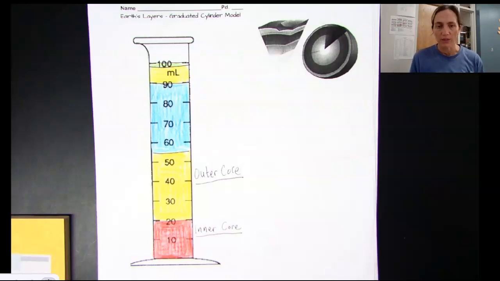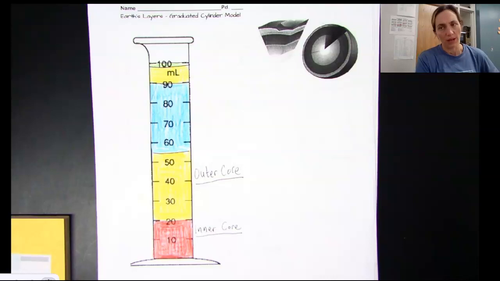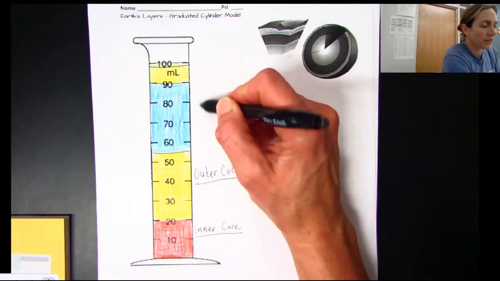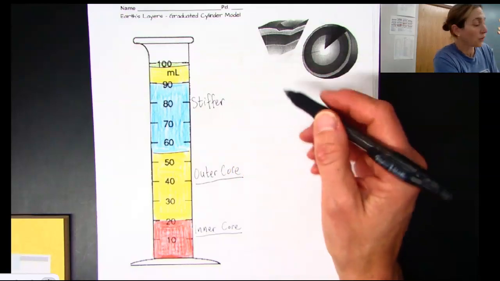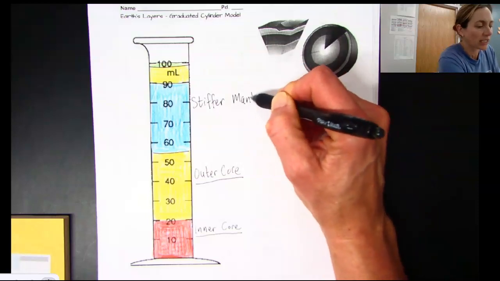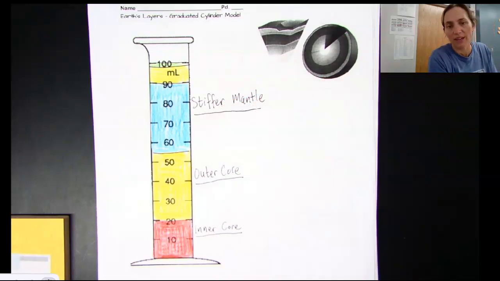So if you guys have played with silly putty, you know that it's really stretchy and it's plasticky and it's squishy, and that's the top part of the mantle. So this is a weird way of describing it or naming it, but it's based on its physical properties. So it's the stiffer mantle, think rock. Maybe you could call it the rocky mantle because that's what it's like.